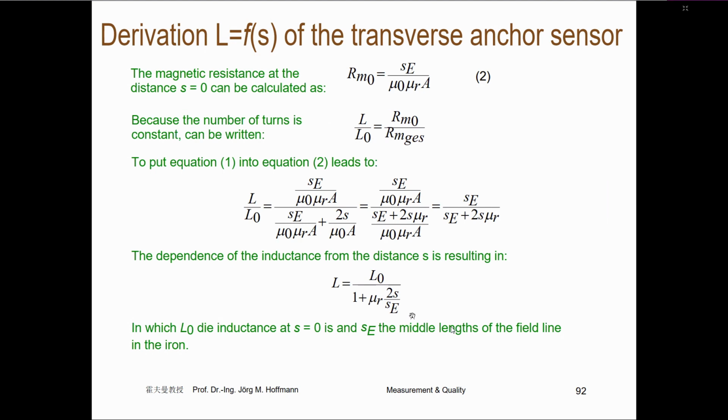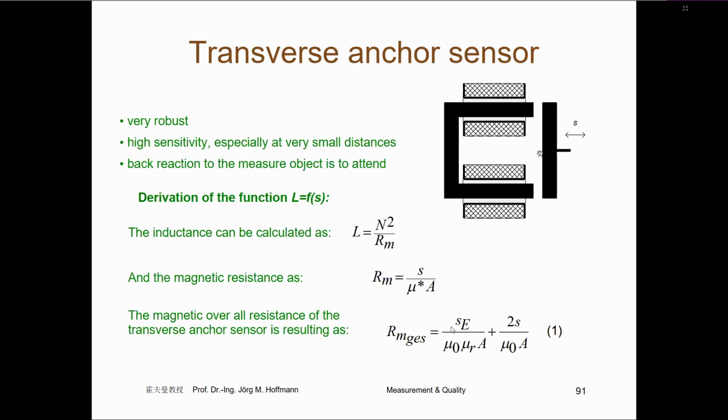And when you go to the right side, and this gap will be bigger, you have a higher resistance, that means a lower inductivity, so that when you are infinite away, then you only have the inductivity from this, and this is then L0.